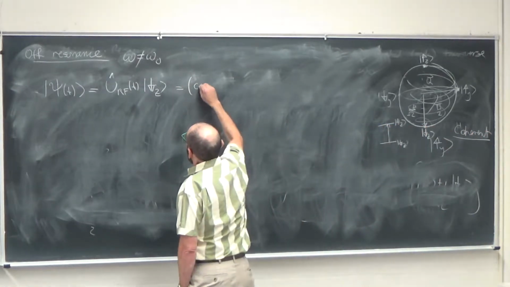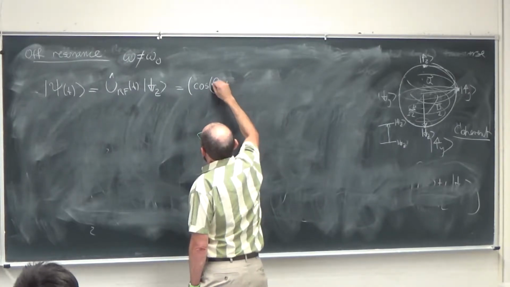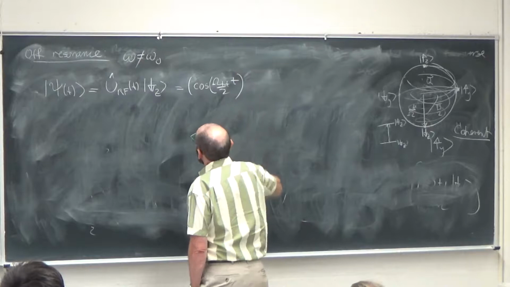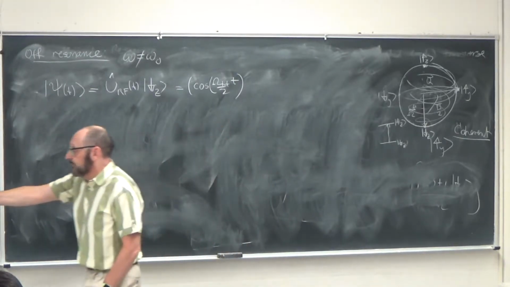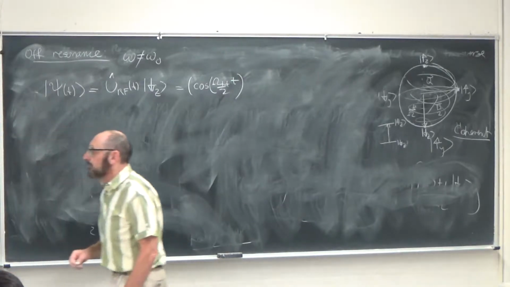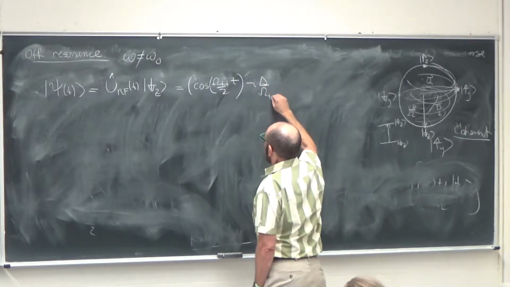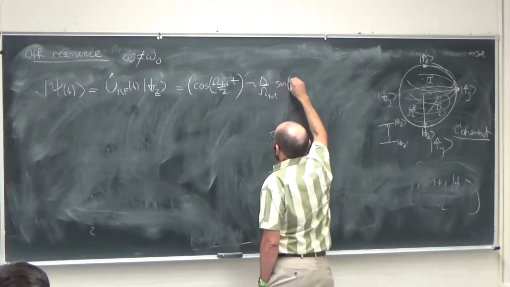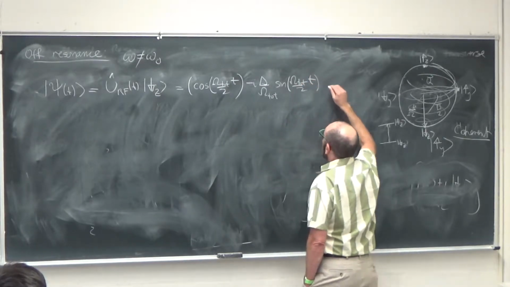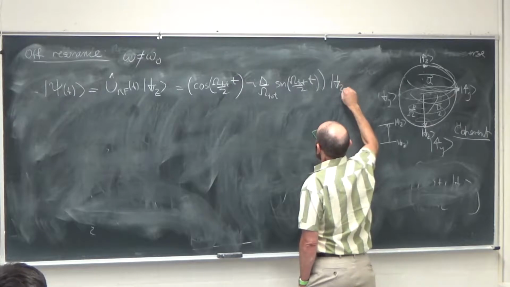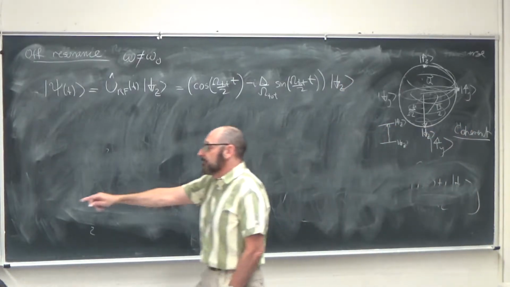And what am I going to get in that case? I'm going to get cosine omega tot t over 2. And then when sigma z hits it, I'm going to get a minus sign. So I'm going to get a minus i delta over omega tot sine omega tot t over 2, spin down along z. And then I get these terms.